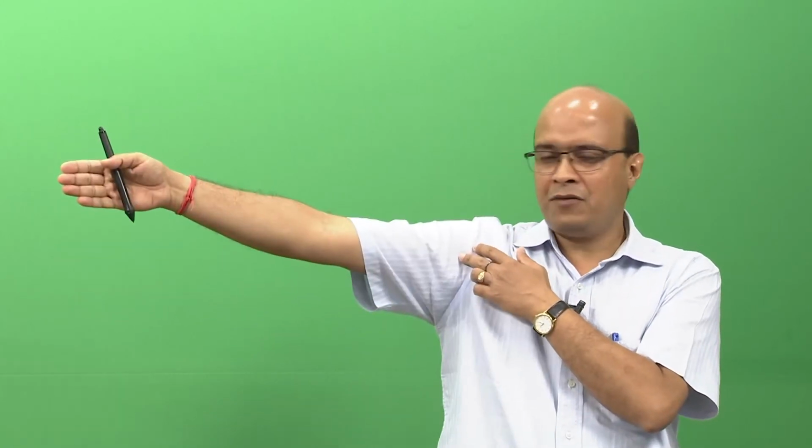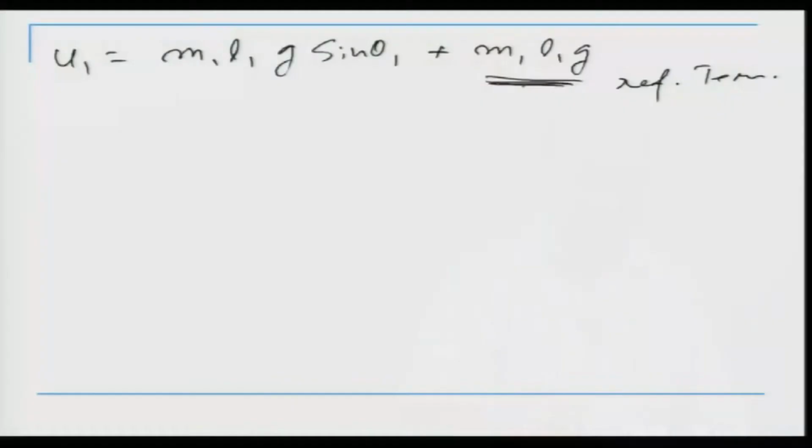So, I need a potential reference which is going to hold the arm here. And that is my potential energy reference, which is m1 L1 g, because my reference was taken at the horizontal. Okay. So, this is to explain the meaning and the need for this reference term. So, this is the potential energy of the first link.